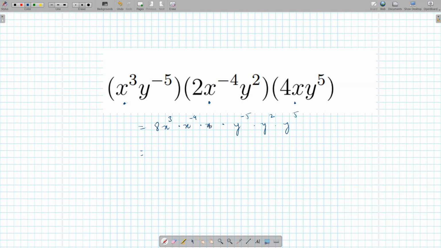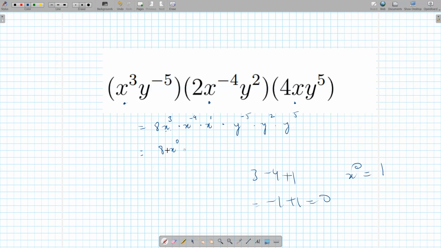Again, be careful. If there's an x with no number, that means it has power 1, okay? It's going to be 8x0, right? You see that? 3 minus 4 plus 1. -1 plus 1, that's a 0. So it's x power 0, which is a 1. Okay.